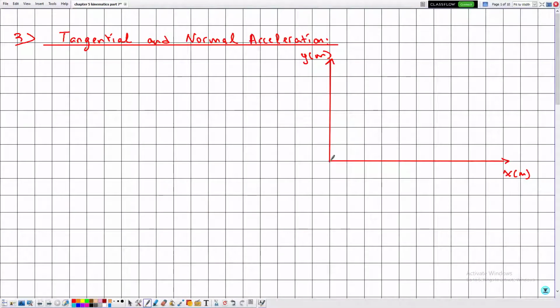Let me consider that this is the origin O, and this is the unit vector i describing the x-axis, and this is the unit vector j describing the y-axis. And let me consider the following trajectory.